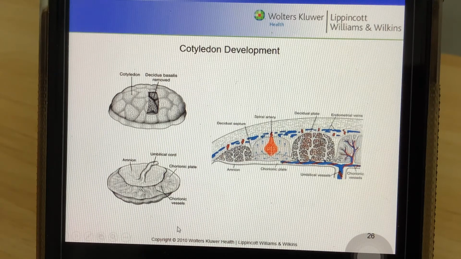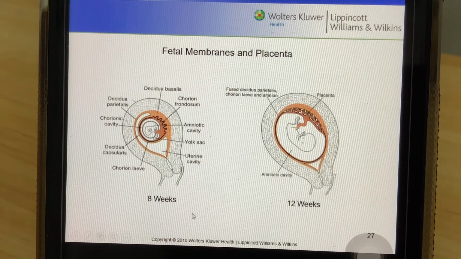So we go to the fetal membranes and the placenta. So this is the illustration of the membrane and the placenta at 8 weeks and 12 weeks. The placenta forms on the embryonic side and is anchored in the decidua basalis during the 8th week of development.